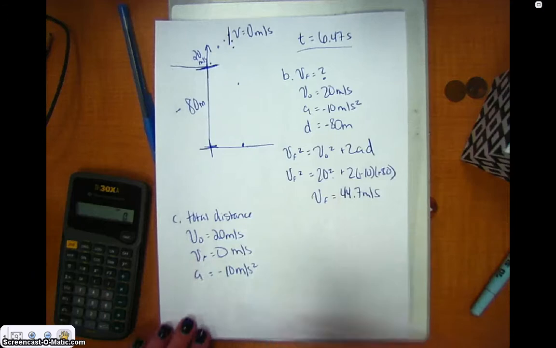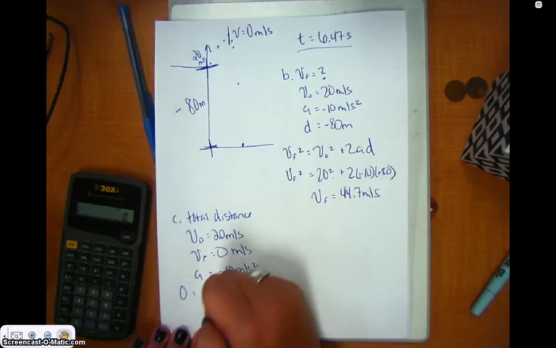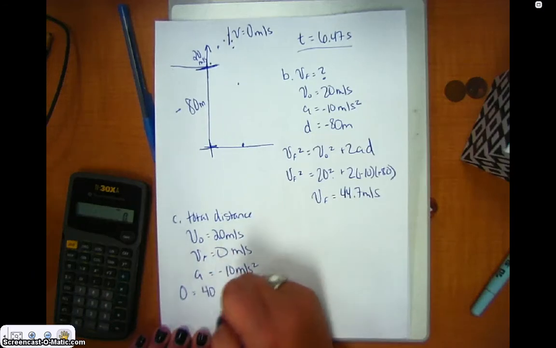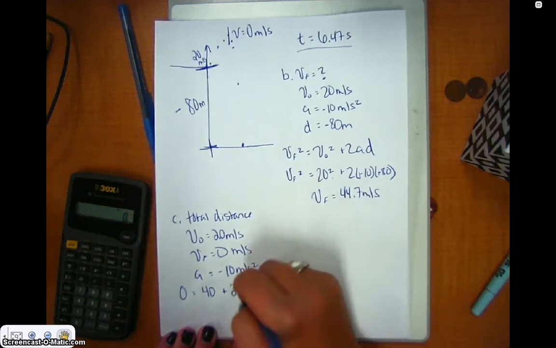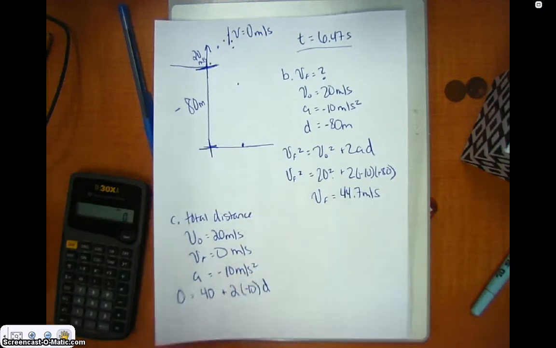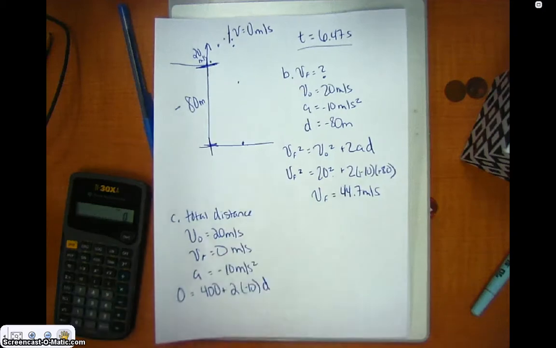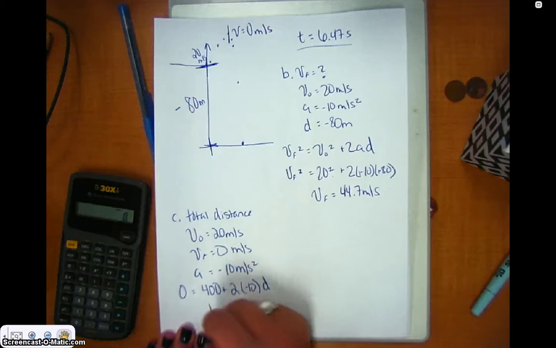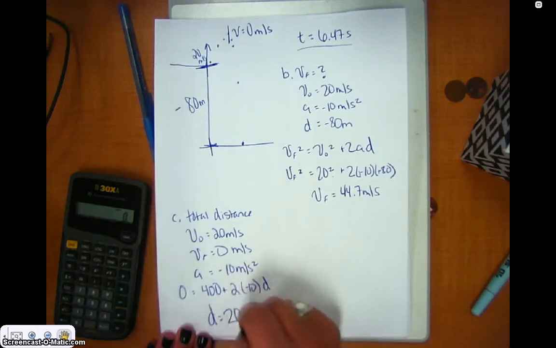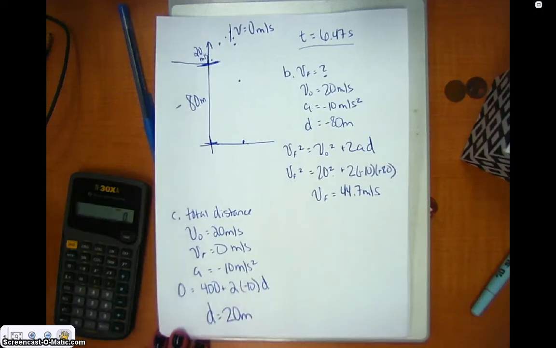V final squared, so that's going to be 0, is equal to 20 squared, which is 400, plus 2 times negative 10 times d. So if I bring this over here, I get negative 400 divided by negative 20. So the distance up to the top is going to be 20 meters.